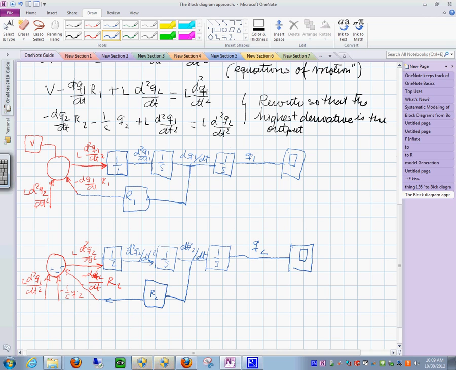So what I would do is, I would do this. Multiply by what I need, in this case 1 over c, and let me see if I can get this right.